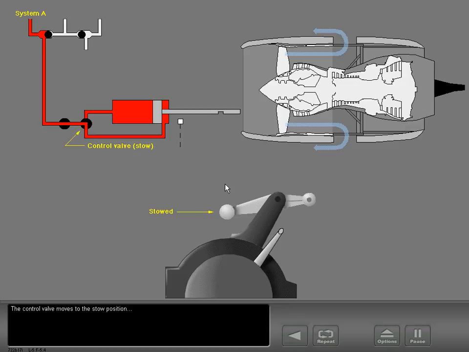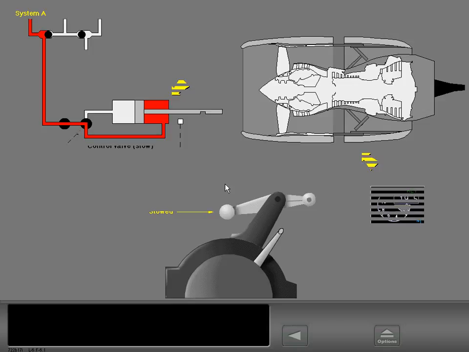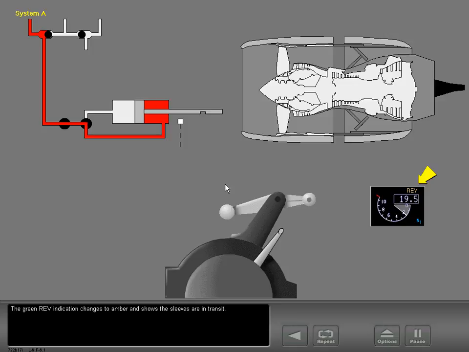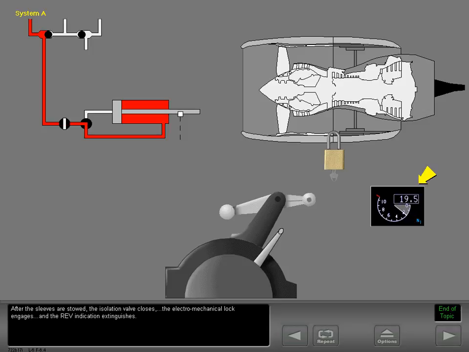The control valve moves to the stow position, and hydraulic pressure moves the sleeves to the stowed position. The green reverser indication changes to amber and shows the sleeves are in transit. After the sleeves are stowed, the isolation valve closes, the electromechanical lock engages, and the reverser indication extinguishes.